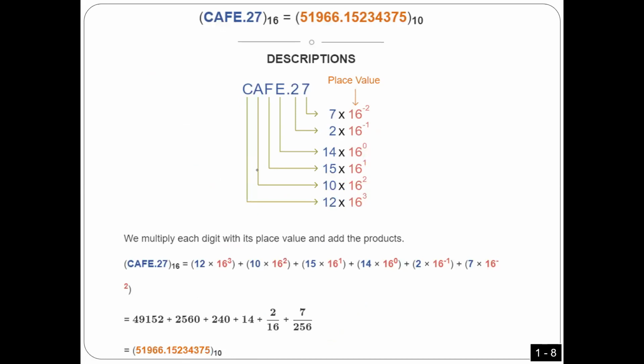If you have a fraction, how can you deal with it? Again, it's exactly the same thing as I explained before. Here you have to multiply every digit by the weight, and the weights are 16 to the power of 0, 16 to the power of 1, 2, 3, and so on. What comes after the point is 16 to the power of -1, -2, -3 if you have more digits.